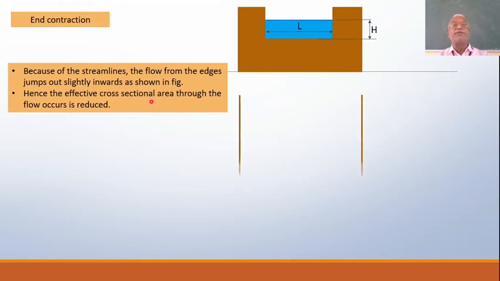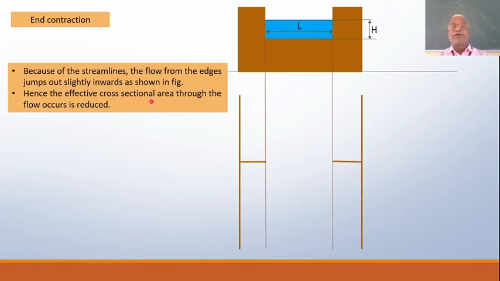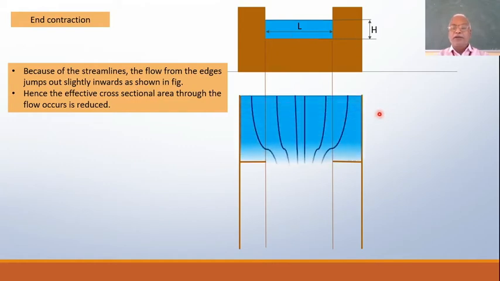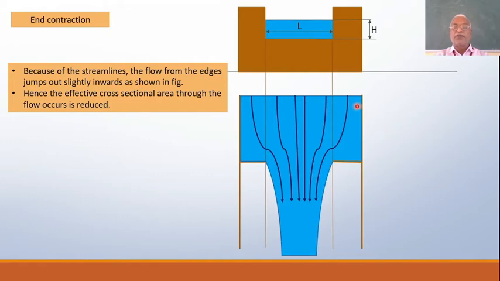What it means is, see here, the channel is there, and that is the width of the crest. We call it the length of the crest L. The discharge, when it comes, has an obstruction here. Because of that, it takes a slightly curved shape, reducing the effective cross-sectional area through which the discharge comes out at the edges.